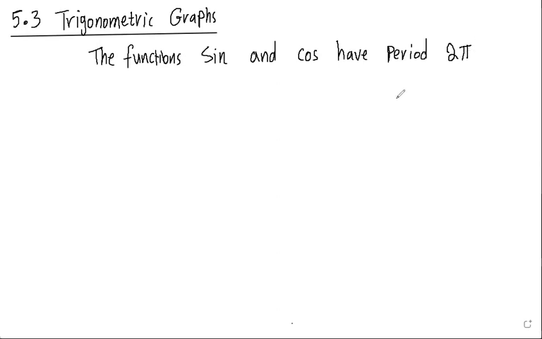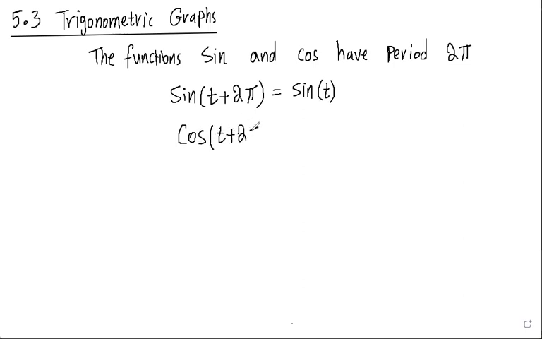What does that mean? The sine of t plus 2 pi is exactly the same as the sine of t. And the same thing for the cosine function: cosine of t plus 2 pi is the same as cosine of t. This means it repeats its values after 2 pi.